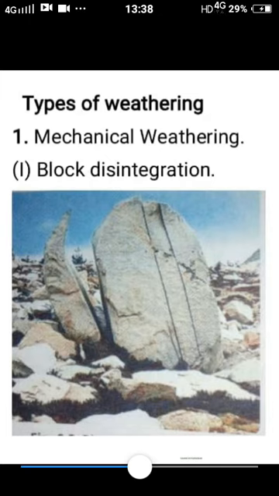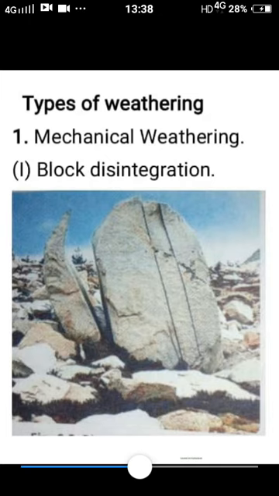Now our first topic, block disintegration, when rock pieces are converted into blocks, just in the arid region, which is generally a dry part that receives very scanty rainfall. Here is the difference between day and night temperature. It is very high during the daytime and the bare rocks are heated and their outer layers expand. At night the rocks contract due to the fall in temperature.